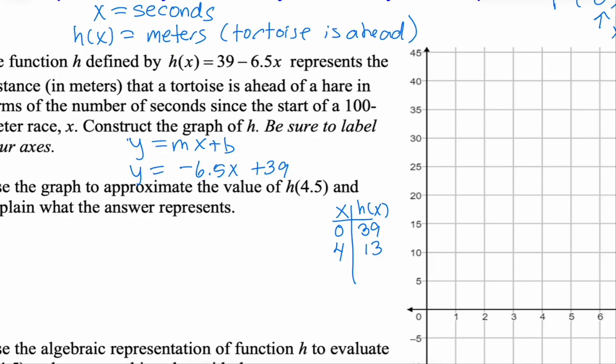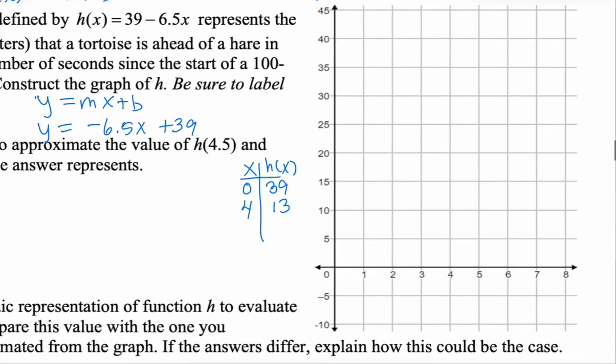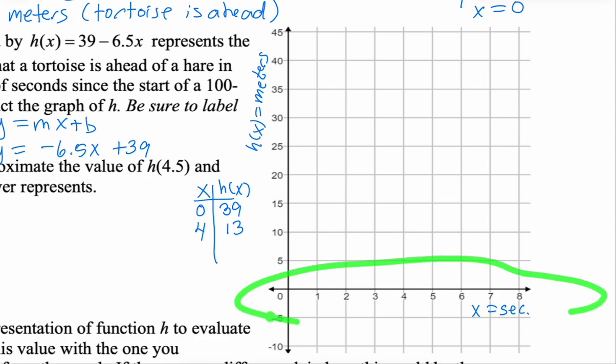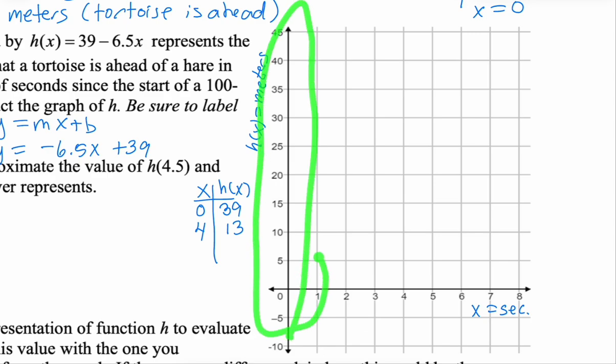Okay, so it says to construct a graph of h. So let's go over to our graph paper. Let's put that our x is in seconds to remind us of that. Let's put that our h of x is in meters. Take a look at your axes. We are counting by 1s along the x-axis, but we're counting by 5s along the y.